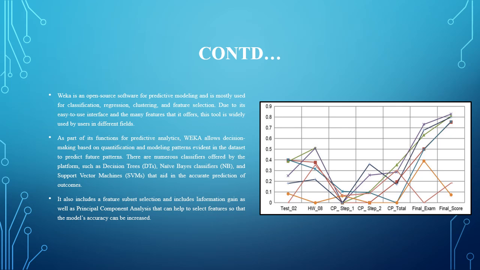There are numerous classification algorithms on the platform, such as decision tree, Naive Bayes classifier, and support vector machine, SVM, for accurate prediction of outcomes. It also includes feature subset selection, such as information gain as well as principal component analysis, to help select features so that model accuracy increases.